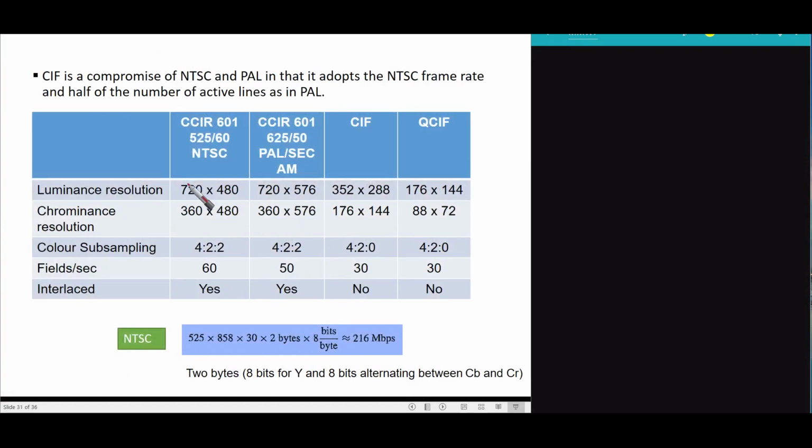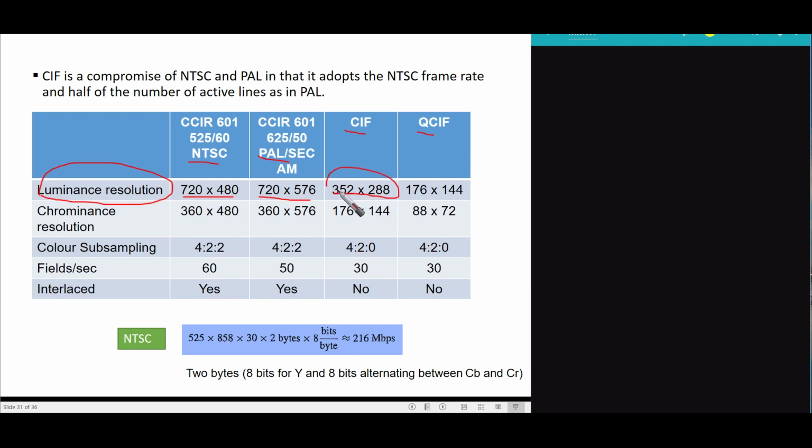So if we have a comparative perspective, for example, CCIR NTSC standard, CCIR PAL standard, CIF standard, QCIF standard, then the luminance resolution is 720 by 480, whereas this one is 720 by 576, and this one is 352 by 288.